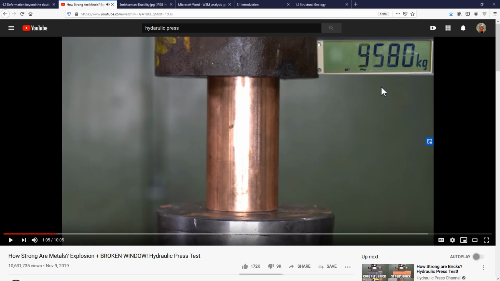We already have about 10 metric tons applied on this piece of brass, and we don't see any visible deformation with our eyes, but for sure if we were to measure deformation, we would measure a deformation that is inversely proportional to the Young's modulus of the rock, or in this case of this piece of brass.